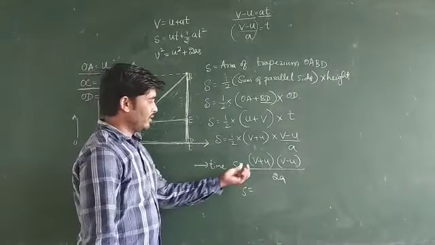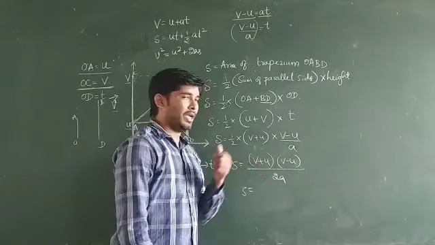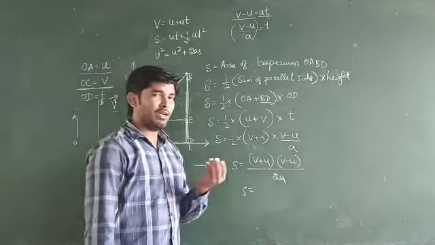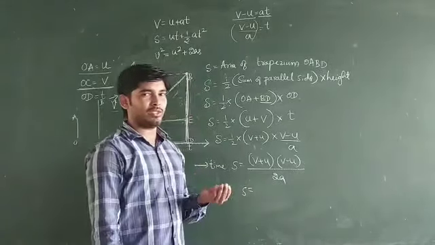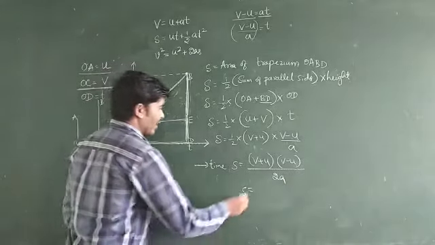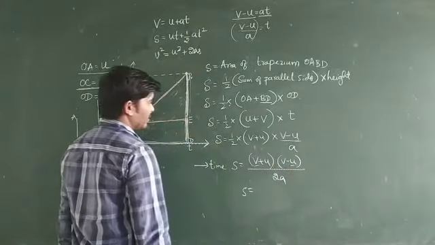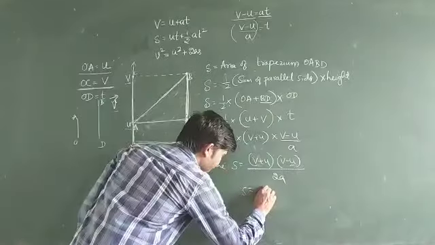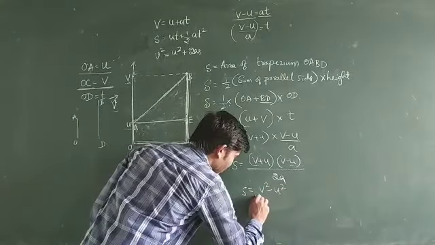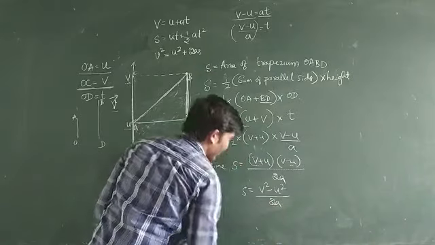So you know already this is in the form of A plus B into A minus B, that is equal to A square minus B square. So here A is V and B is U. So V square minus U square divided by 2A.